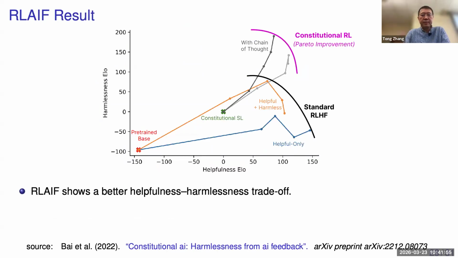If you look at their results, they do have some. Starting with a base model, which is pre-trained, this one is the traditional supervised fine-tuned model, and up to the standard RLHF.